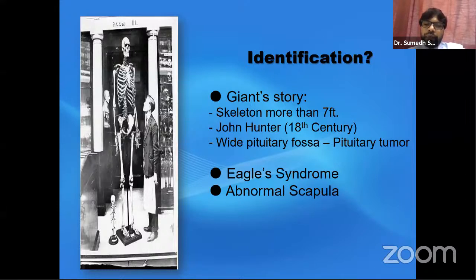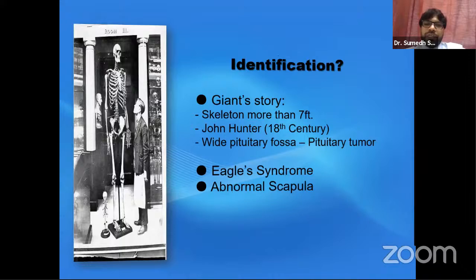Then we went for the suspect's blood relatives for DNA profiling, and it was matched. So mainly the identification is important. Somehow the anomalies or abnormalities may help to identify the individual even after death.